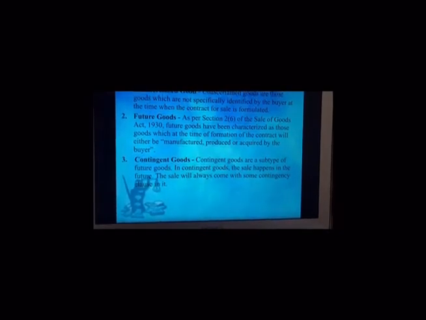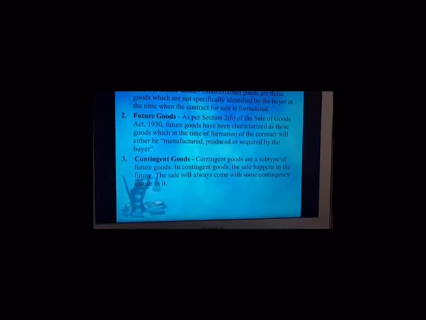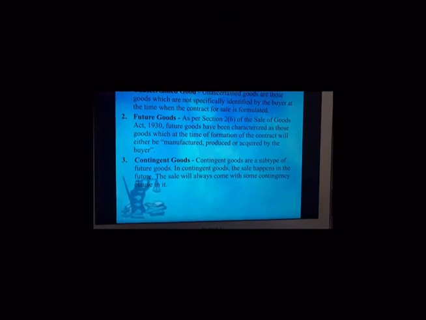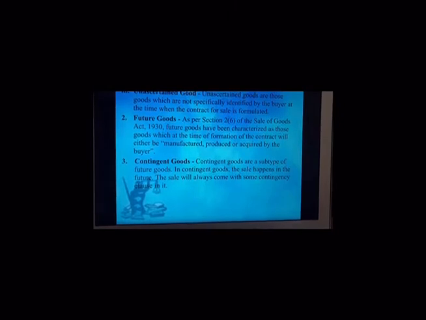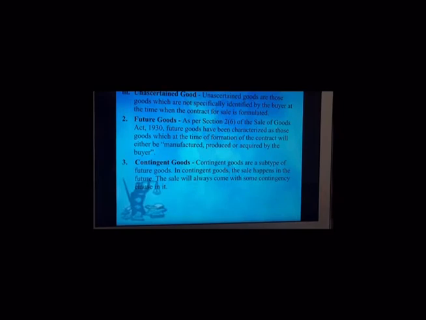Third subtype is uncertain goods. Uncertain goods are the goods of which the buyer and the seller have no idea of the final product, because the product might change due to various reasons. For example, there is an exchange of fruits, like 100 oranges.